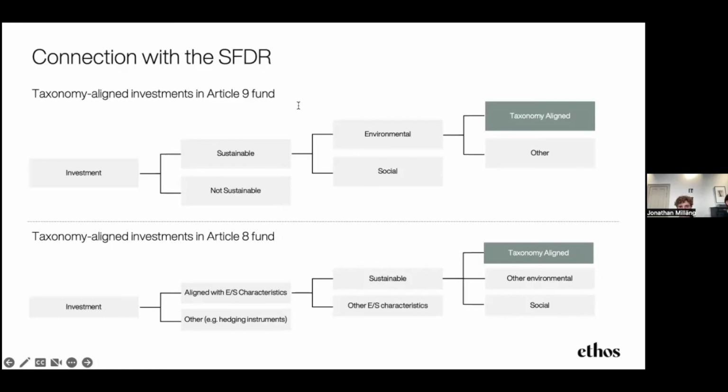So you're going to report on the taxonomy in relation to the template that's provided in one of the annexes. How can I explain this? Basically, it's kind of a big table where you are going to present your alignment, but also your non-aligned share of both turnover, capex, and opex.